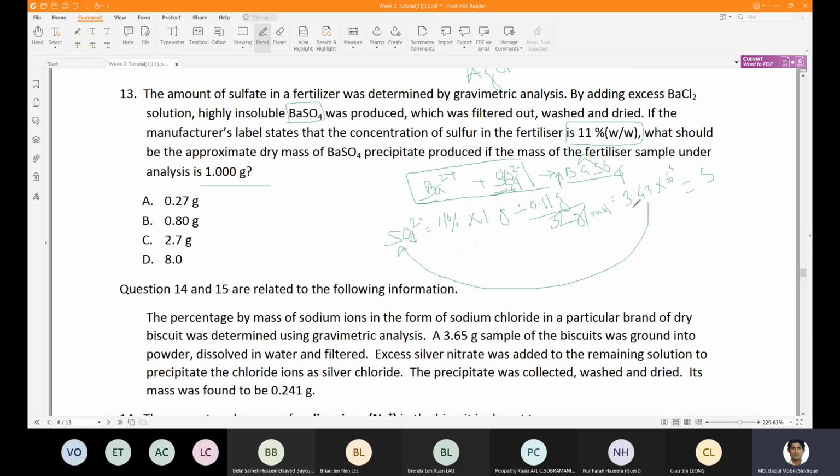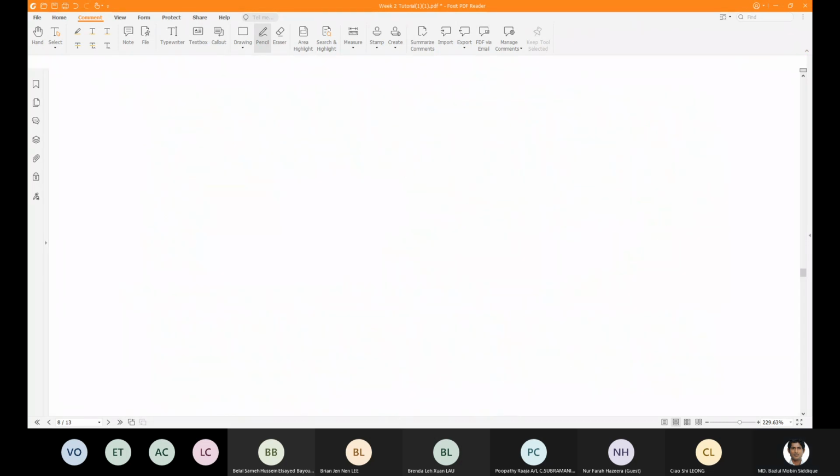So basically this is the moles of sulfur we have all together, right?